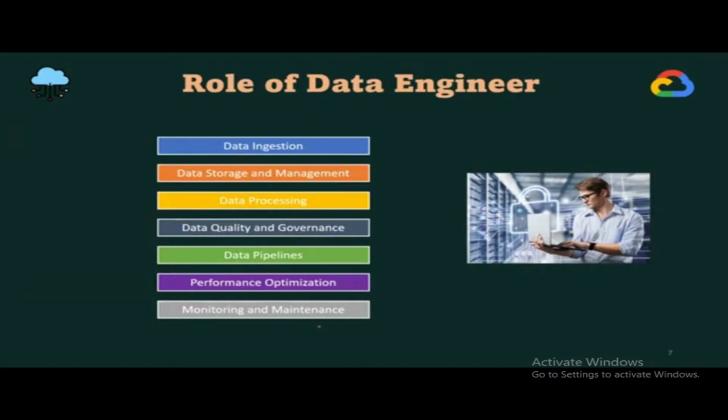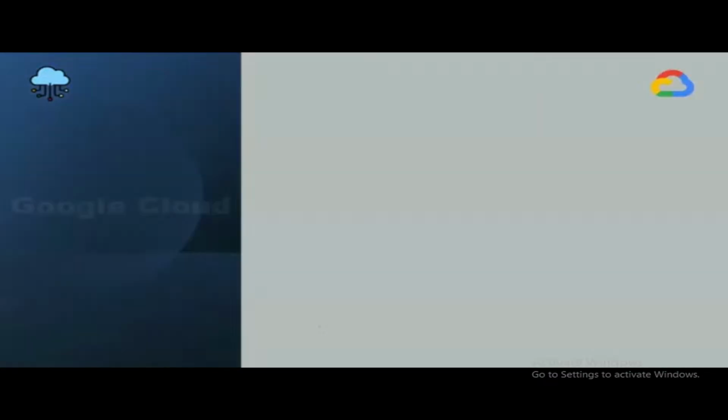That comes under data quality. All of these things will be worked on by multiple data engineers in the company, guys. So this is what data engineering is, and this is the role of a data engineer.